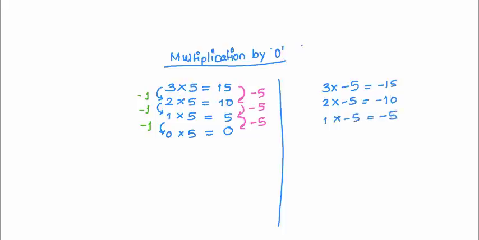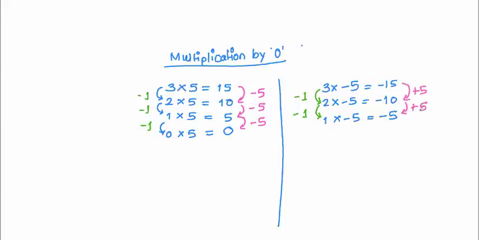So what is happening here is I am reducing the multiplier by 1, and the answer is increasing by 5.